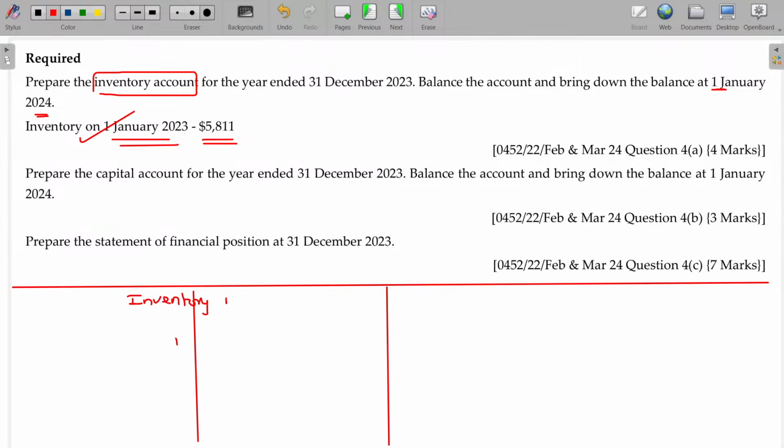Balance brought down in the beginning, the beginning date being 1st January 23. Balance brought down. And year end, 31st March 24, balance carried on.